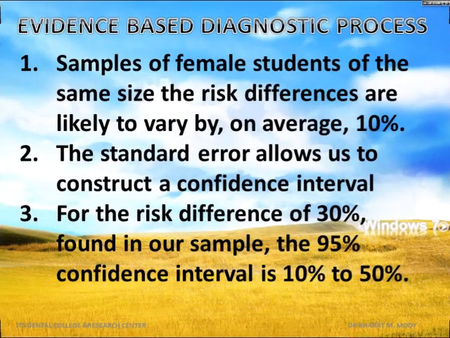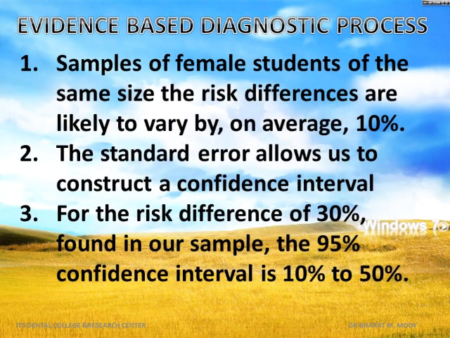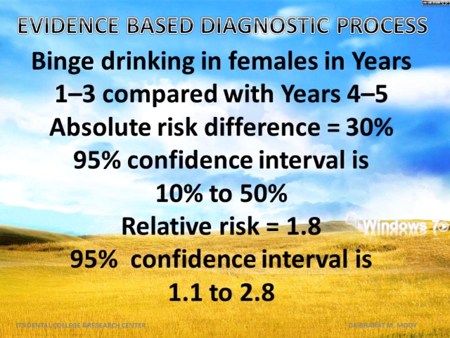The true risk difference is based on the standard error. In samples of female students of the same size, the risk difference is likely to vary by an average of 10%. The standard error allows us to construct a confidence interval, and the confidence interval is what you have to look at; in this case it was between 10 to 50%.